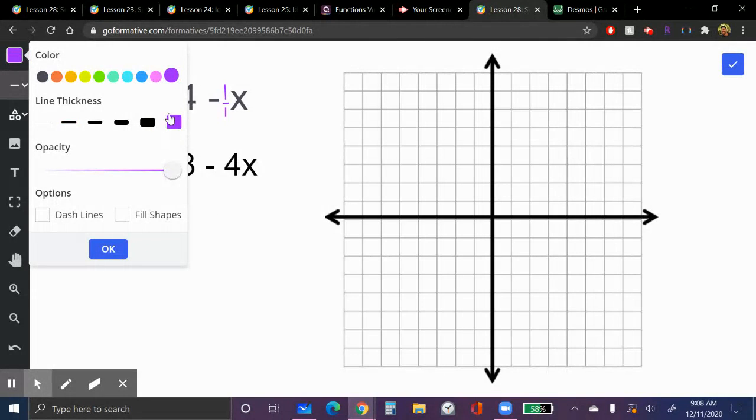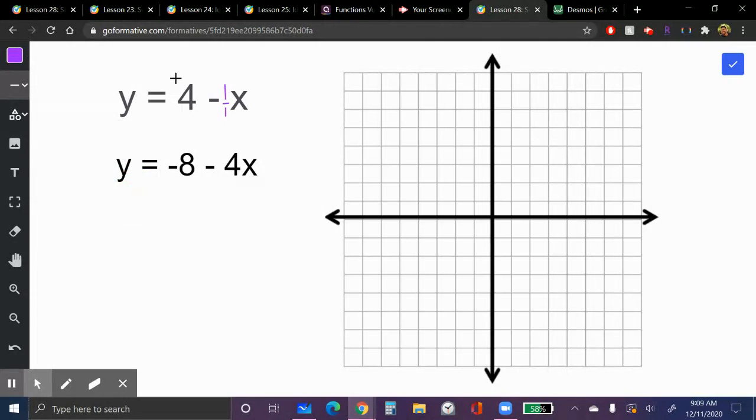Now I'm going to make my point. This one right here is where I start, my y-intercept, 1, 2, 3, 4. Boom. And I'm going down 1, right 1. Down 1, right 1. All the way through.